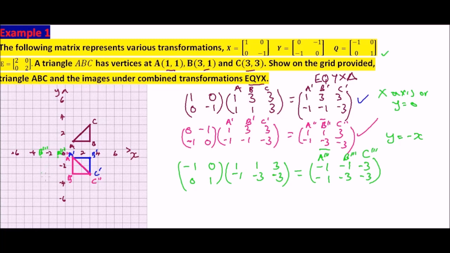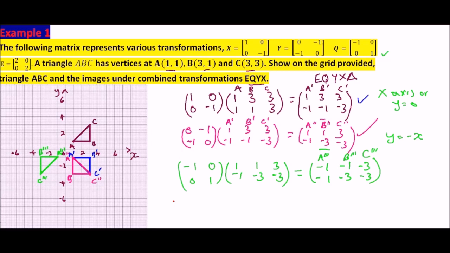So that is where we have our C triple prime. We join the 3 points so that we can see our new image. So now this is our triangle, which we have obtained from what we have found here.